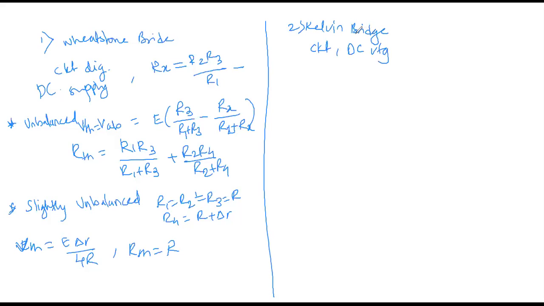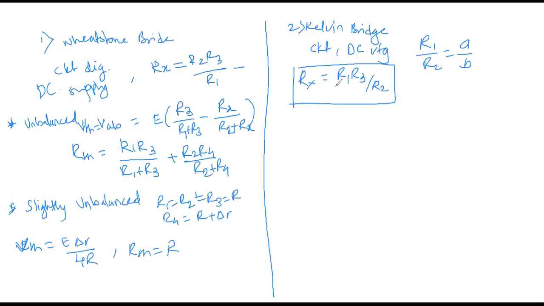What is the balanced condition for Kelvin bridge? We have studied that R1 by R2 is equal to A divided by B, and the unknown resistance is equal to R1 R3 divided by R2.